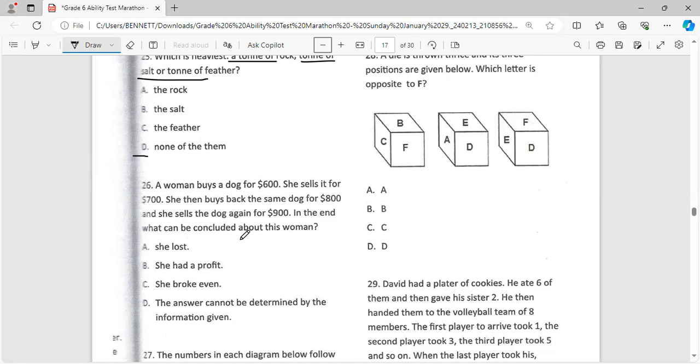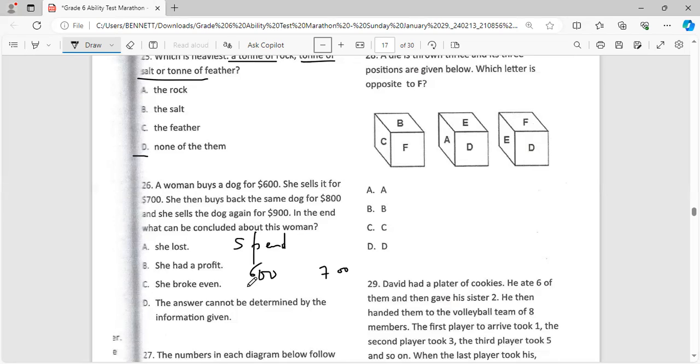Let's test it. We are going to look at what she spent versus what she gained. So she spent 600, gained 700.